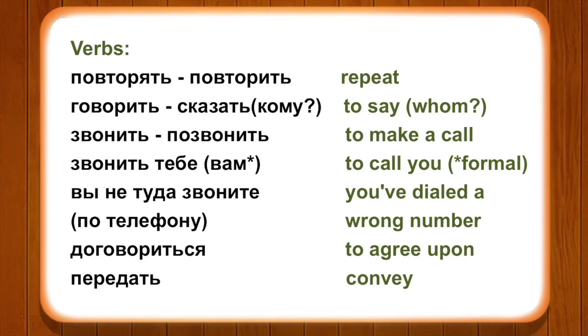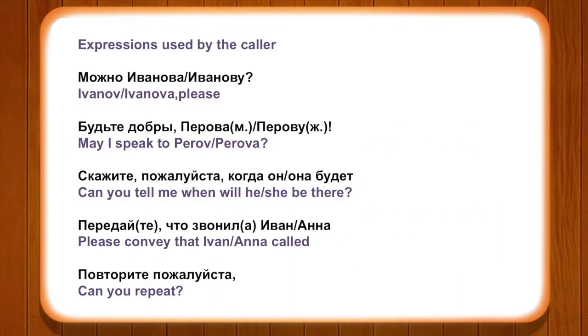Now let's see the expressions used by the caller when he calls some number or calls a mobile or a landline. Можно Иванова? Можно Иванову? Ivanov, Ivanova, please. Here the caller wants to ask someone to come to the telephone.